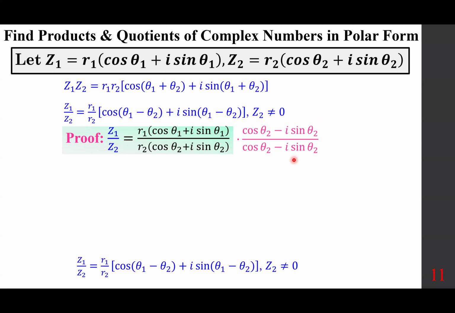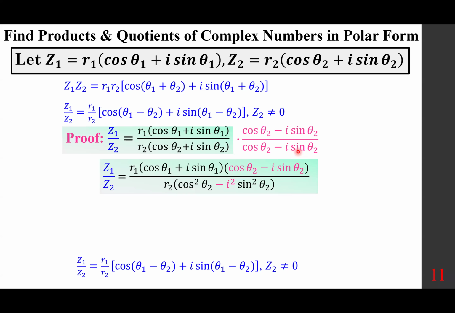So what happens? I'm going to write the top, R1 times this times that, and the bottom is R2 times what? Cosine of theta 2 plus i sine theta 2, cosine of theta 2 minus i sine of theta 2. I hope you recognize the bottom as a plus b, a minus b, which is a squared minus b squared.